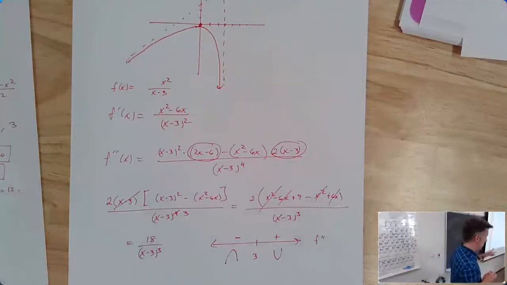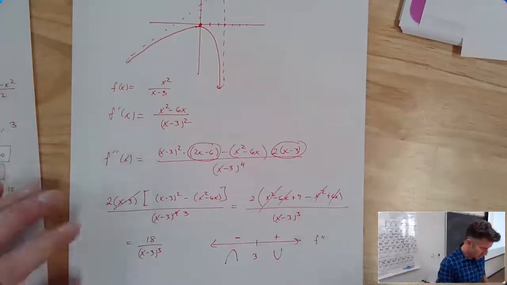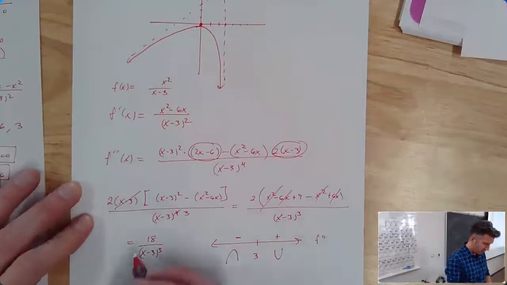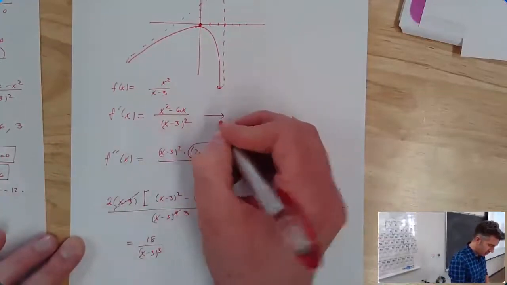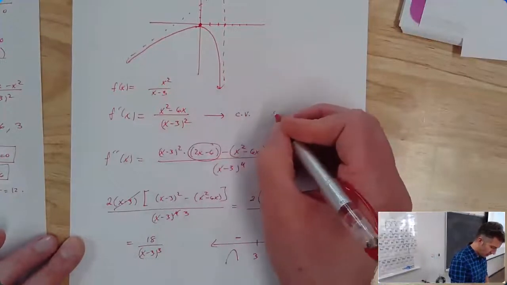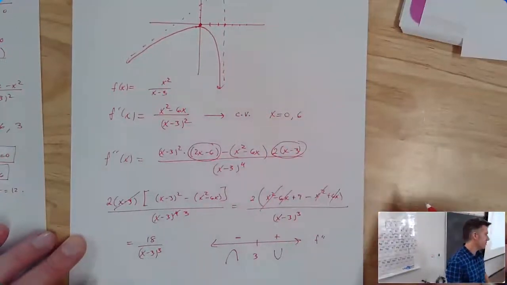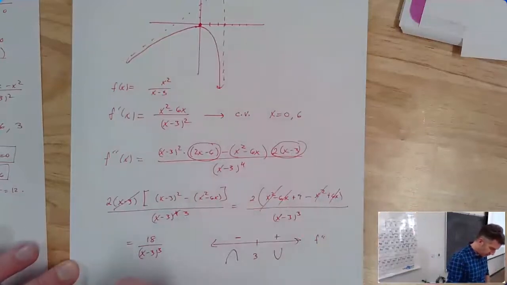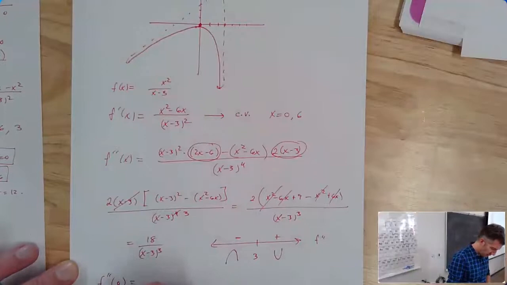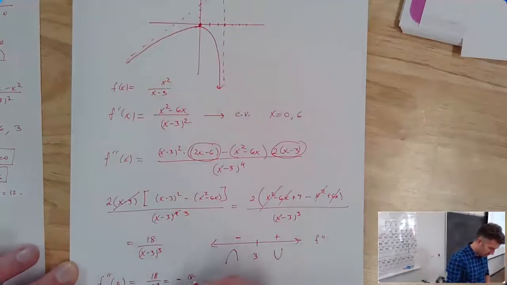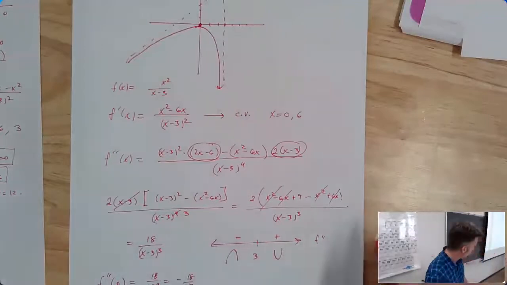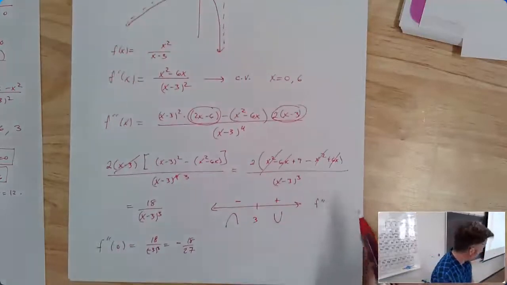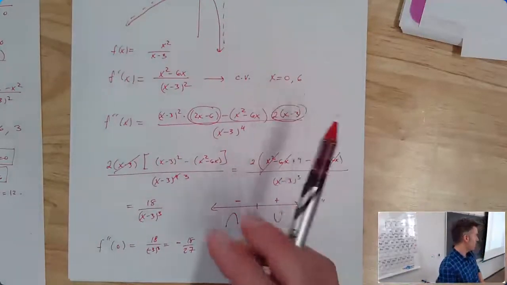I will also point out, if you wanted to, if we look back at our critical points of the first derivative, I'll remind you, our critical points were x equal to 0 and 6, and not really 3. If you plug in 0 to the second derivative, f double prime of 0 is 18 over negative 3 cubed, which is negative. I don't really care what the number is. But here's the thing to think about. We know that at 0 you have either a max or a min, or maybe neither.